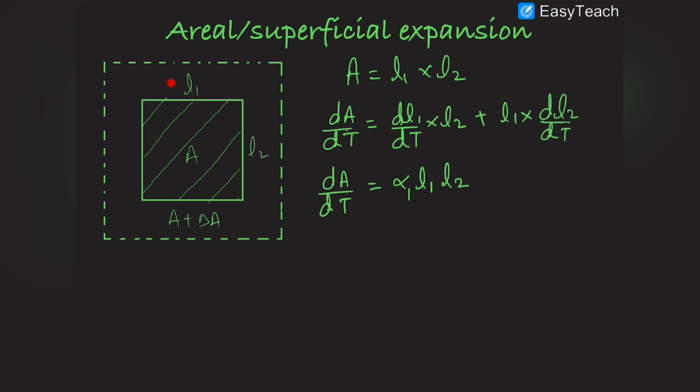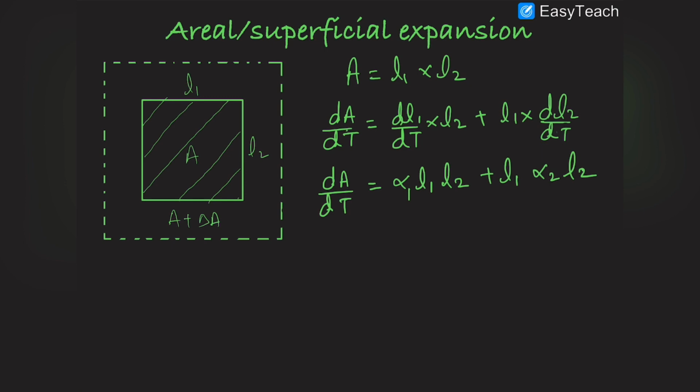In this case we are referring to only two directions. If this solid expands in this direction, if its length L1 expands, then the coefficient of expansion is alpha 1, and if it expands in this direction, L2 expands, and therefore the coefficient of linear expansion is alpha 2. So we would write dL2 by dT as alpha 2 L2.